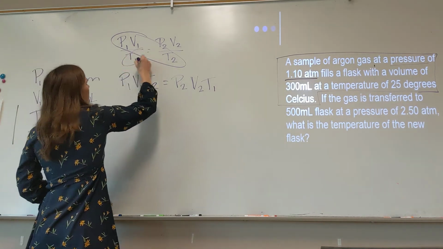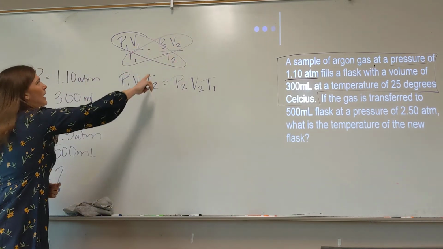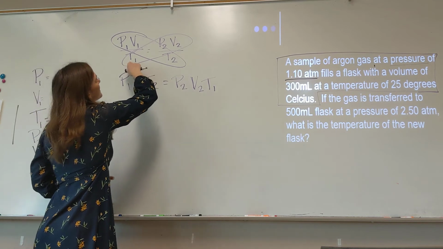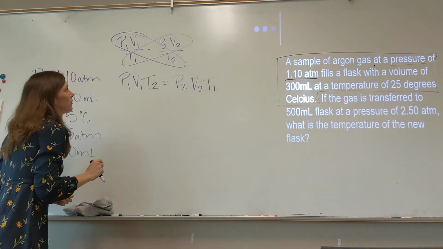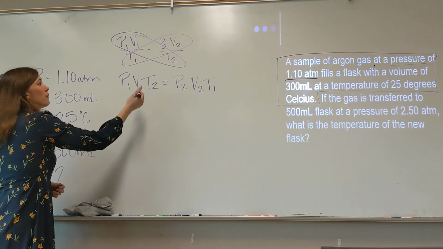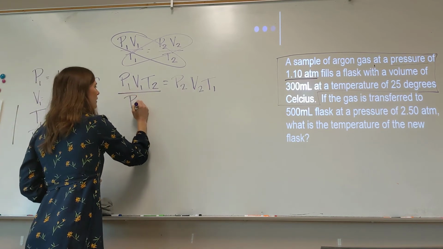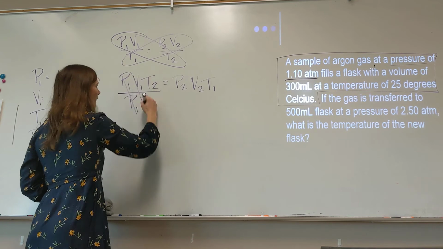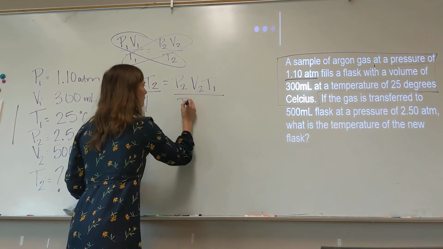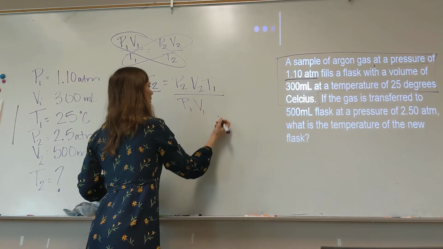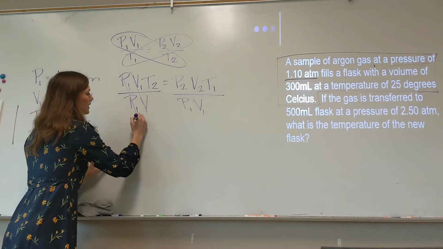And then I cross multiply. I got a little ahead of myself there. Then I cross multiplied T1 and P2 times T2. Now to get T2 by itself, I'm going to divide by P1 and V1. And I'll be left with this formula.